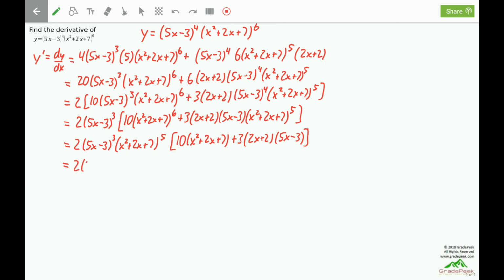So this is going to be 2 times (5x minus 3) cubed times (x squared plus 2x plus 7) to the 5th times, distributing the 10, 10x squared plus 20x plus 70, and then plus 3 times, now we're going to FOIL this out first, 10x squared, outside, negative 6x, inside, plus 10x, and then last, negative 6.